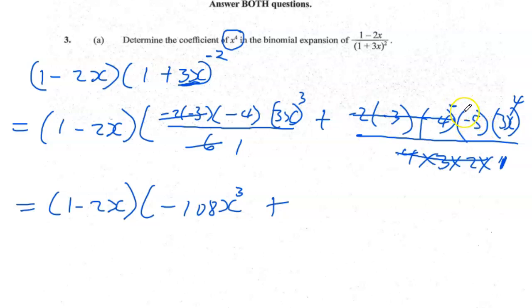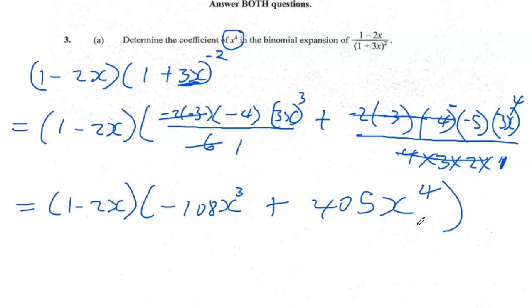It's positive 5, double negative, times 3 to the power of 4. Now 3 to the power of 4 is 81. So it's 5 times 81, and that gives me 405 x to the power of 4.